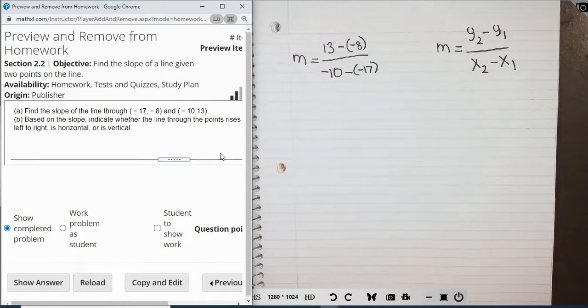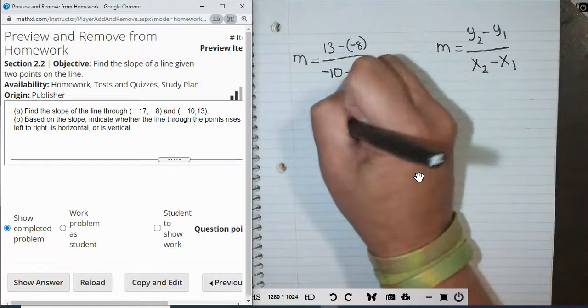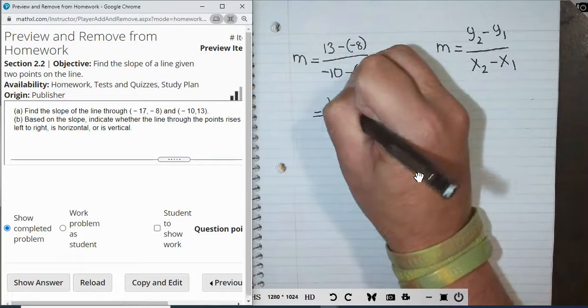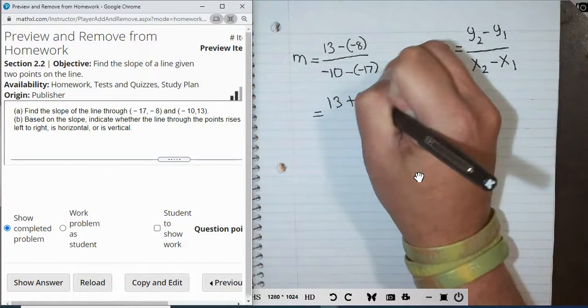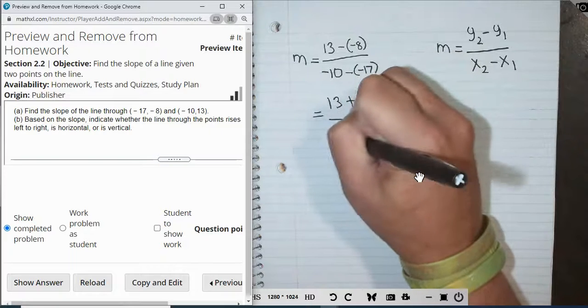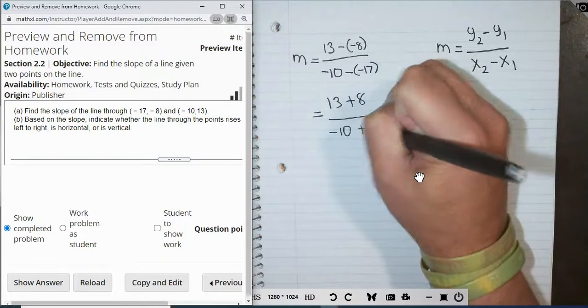Notice I put the negative values in parentheses to remind myself that I'm going to have to change those to positive, because negative minus a negative is a positive. So we're going to include that in our next step. We would have 13 plus 8 over negative 10 plus 17.